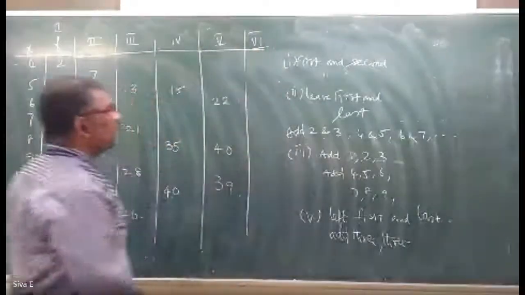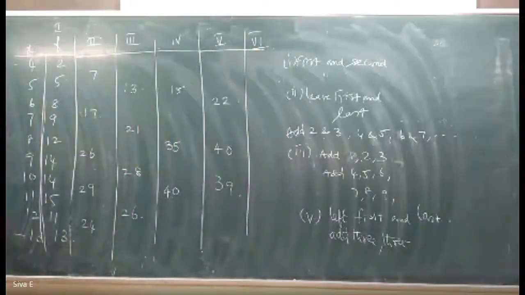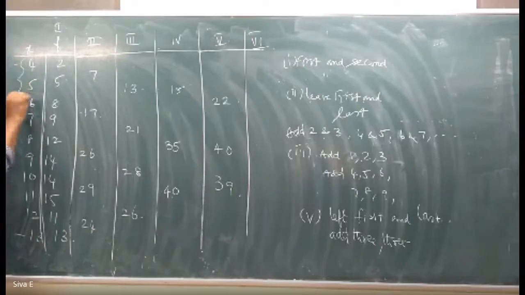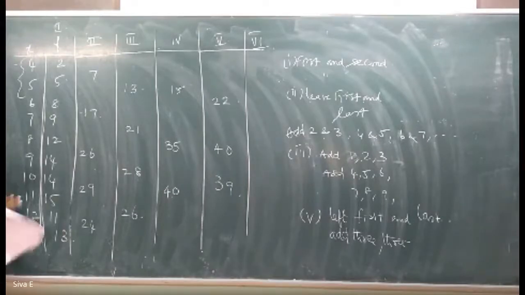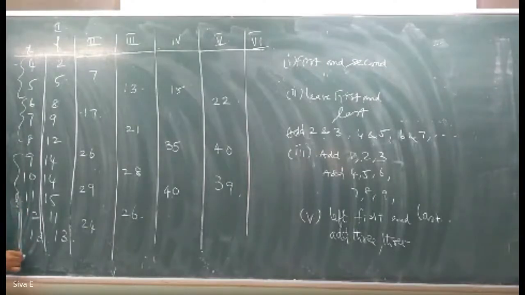The sixth one is leaving the first 2 items and the last 2 items, then adding 3 items.